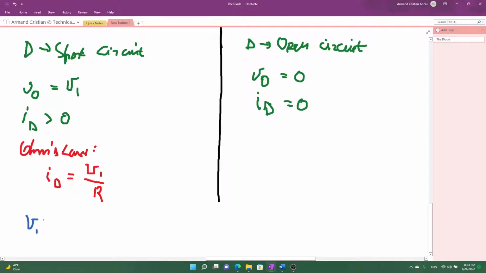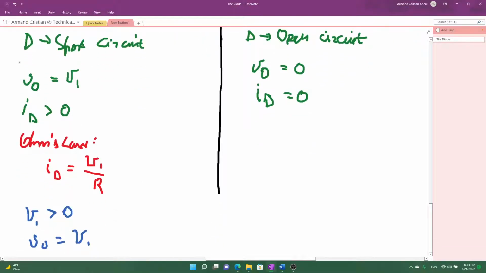The input voltage should be greater than 0, of course. You cannot divide by 0. And the output voltage should be equal to Vi, which is the same condition as stated here. So it's basically the same thing.